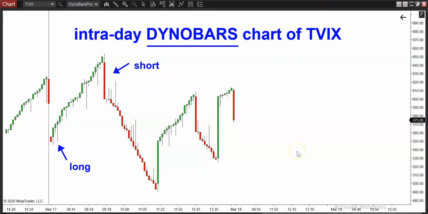For those of you following along, I really suggest you at least start tracking the TVIX. You're going to find the intraday moves of the TVIX to be beyond belief. Let me show you what I'm talking about. Right here, the first green bar after any red bar, you guys already know that's a Dino long signal bar.